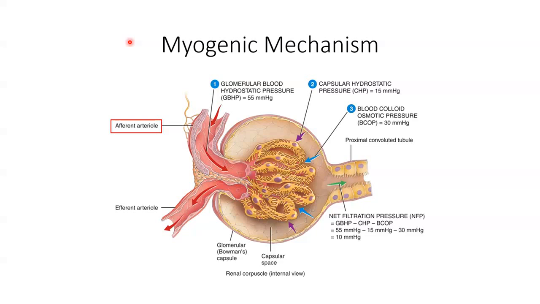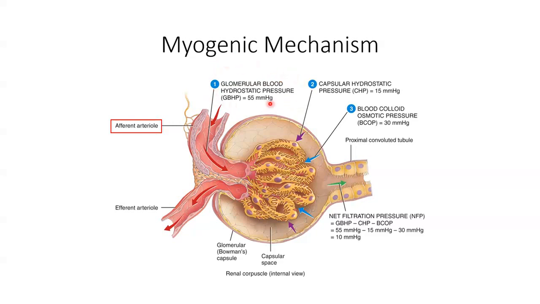So when this happens, the elevated blood pressure and the increased blood flow through that afferent arteriole will stretch the walls of the arteriole. And in response, the smooth muscle fibers will constrict, narrowing this lumen, or the opening of the afferent arteriole, reducing the blood flow into the glomerulus and therefore reducing this glomerular blood hydrostatic pressure.